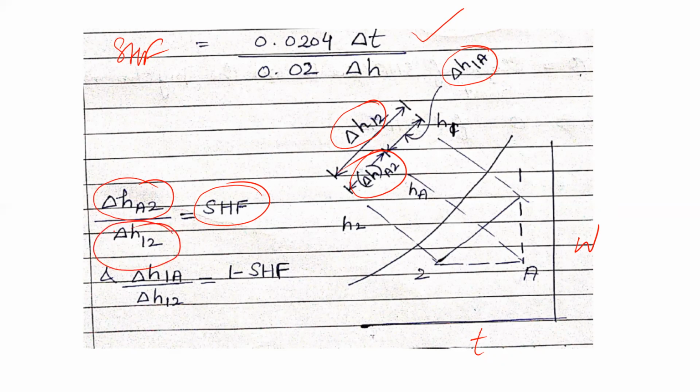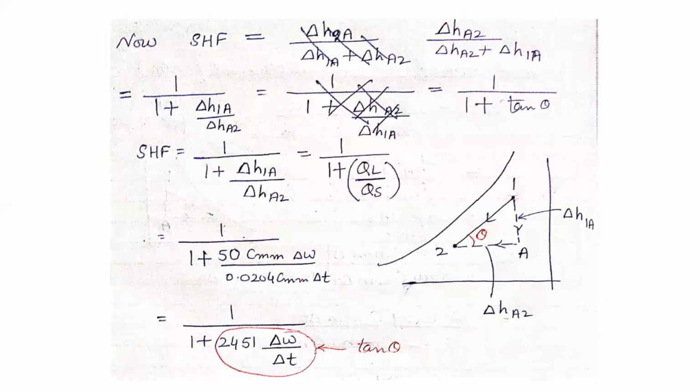If we subtract both the sides from 1, then we will get delta H 1 to A over delta H 1 to 2 is equal to 1 minus sensible heat factor. Now once again, sensible heat factor is given by delta H A to 2 divided by delta H A to 2 plus delta H 1 to A. And then what we have done, we have divided the numerator and denominator by this particular value.